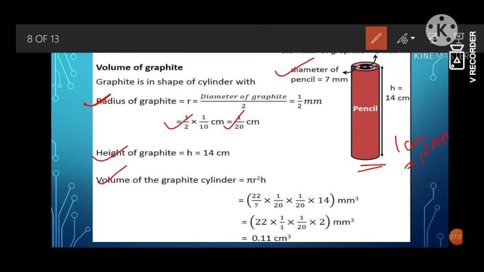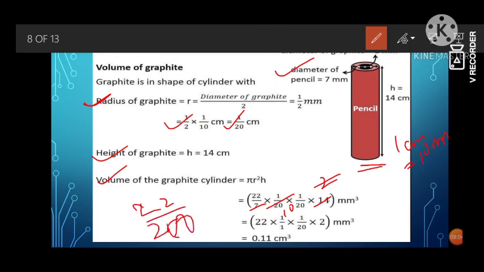Since pi is not given, we will use 22 by 7. So 22 by 7 into 1 by 20 into 1 by 20 into 14. So we will get 22 by 200.